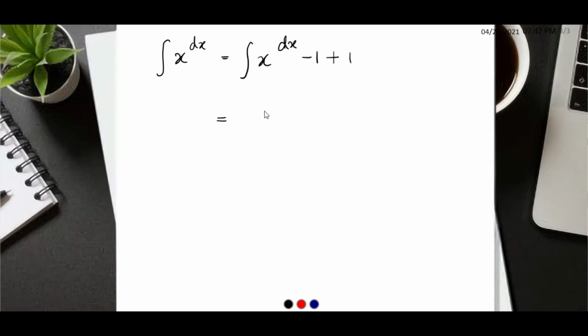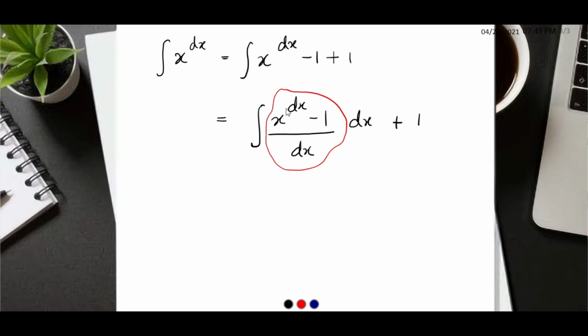Now we need dx in front of our integrand. How can we make it? Like this. We can divide it by dx, and now we can put an extra dx in front of the integrand, plus 1. Now this is the integrand.